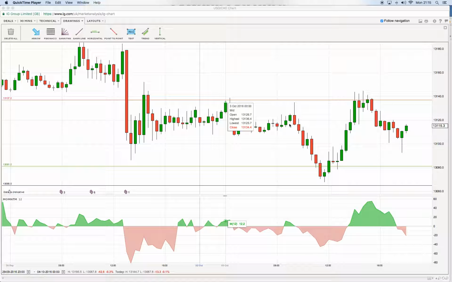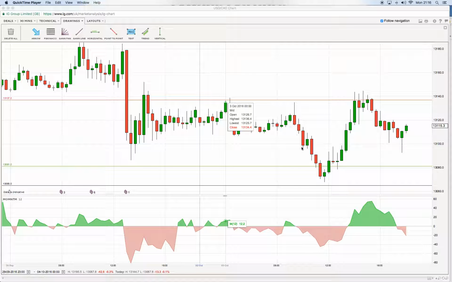So what we're going to do is try to spot discrepancies between the price action and the momentum. In a normal scenario, if the price falls, the momentum should fall, and if the price rises, momentum should keep rising.